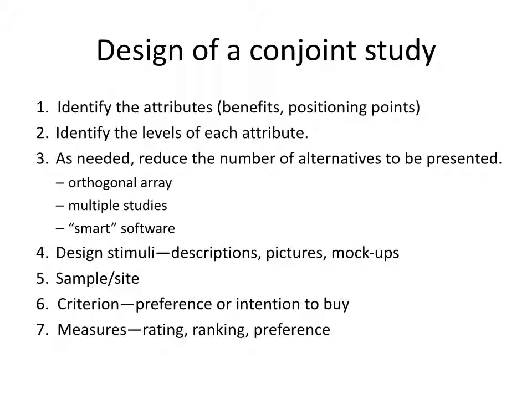And finally, the specific measure within rating. How much do you prefer this, or how likely are you to buy it? Rank these in order of preference. Rank these in order of intention to buy. Or preference. If you have these two, which do you prefer? If you had two, which would you buy?